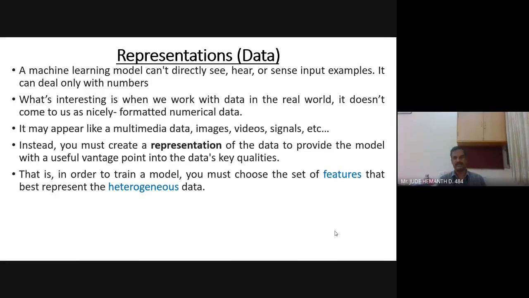Again, when you say that I want to represent my data in the form of a number, you need to choose a number which uniquely represents the data. You cannot say that you can give any sort of number. Any sort of number will not work. When you go for training a model, you must choose the unique characteristic features of an image.